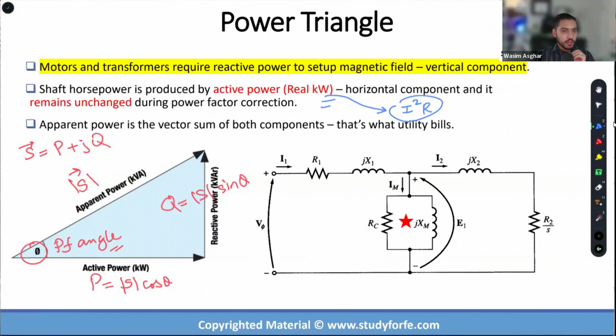All right. What is the reactive power? Now, the reactive power is not that evident, not that clear right away for most people. Reactive power is basically the power that is required to set up the magnetic field in your inductive loads. In the industry, the majority of the loads that we have are your motors, induction and synchronous, your generators (which typically are not a load, but still), your transformers and your reactors.